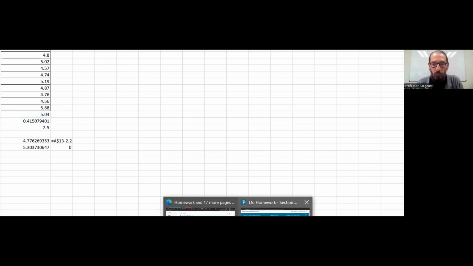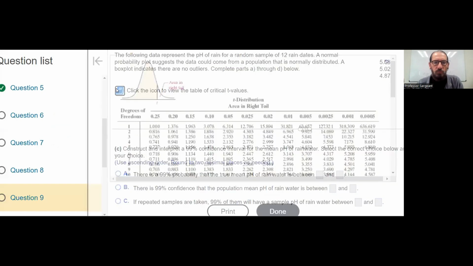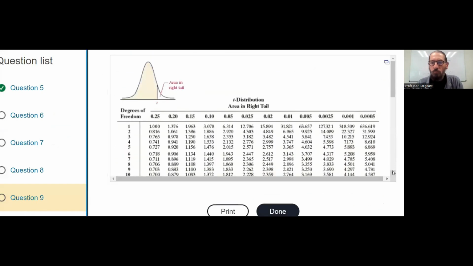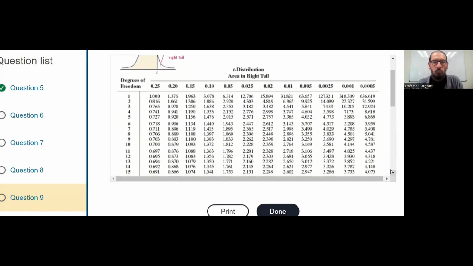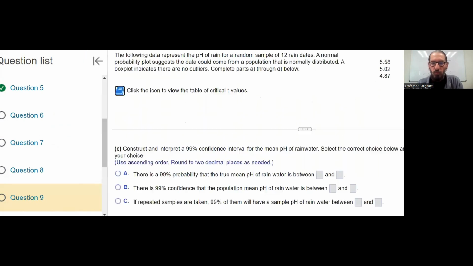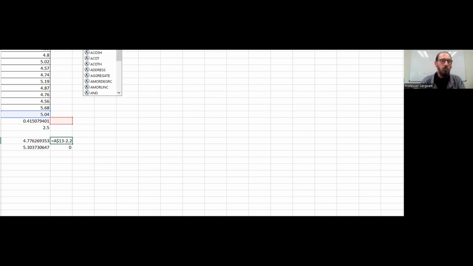Sorry, a little bit tired at the moment. 3.106. Yes, 3.106. Okay. 3.106, 3.106, 3.106. Again, I need that from column A. And then switch it to addition.